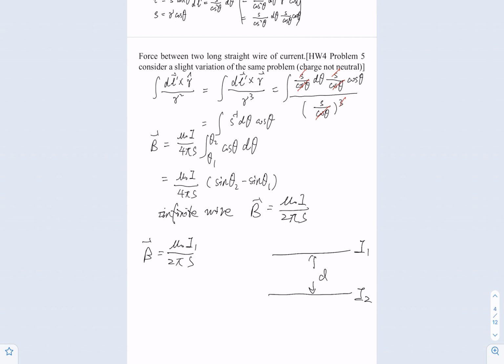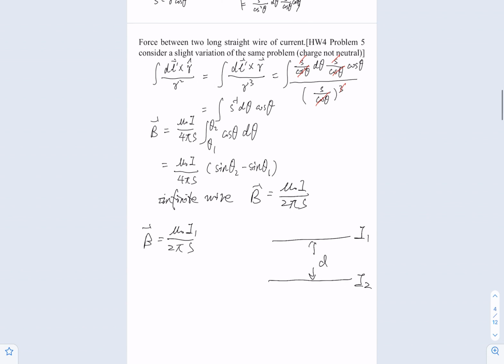This B field points into or out of the screen, and it will produce a force onto I2, and this force is this, I believe it's I2.